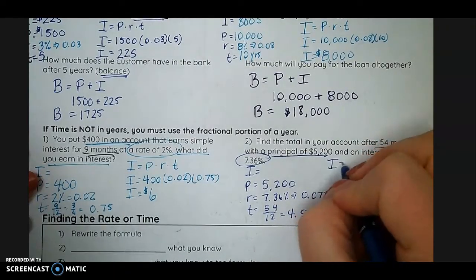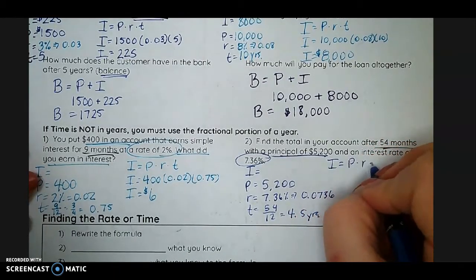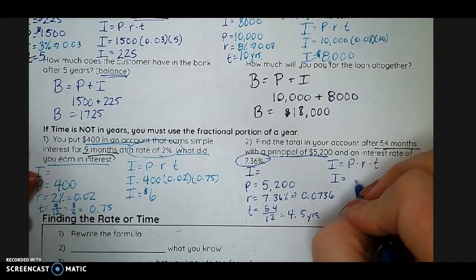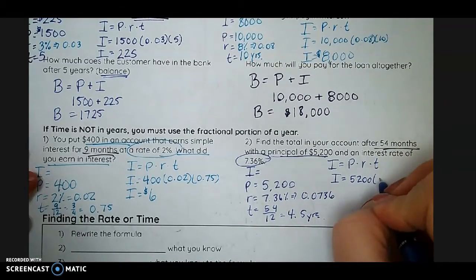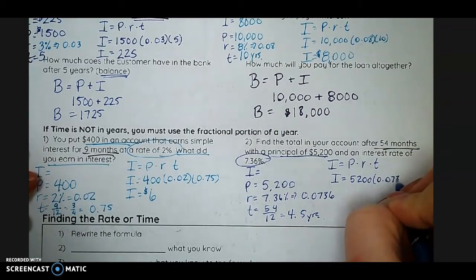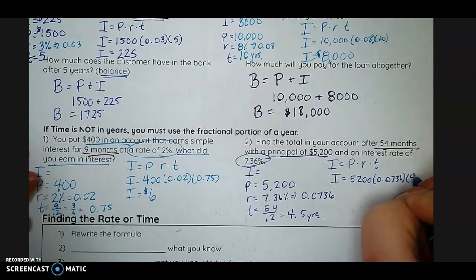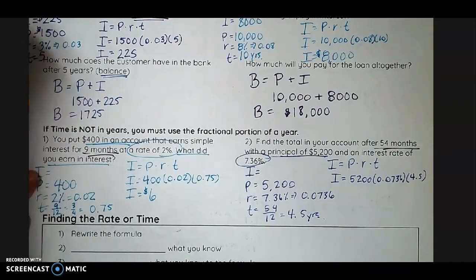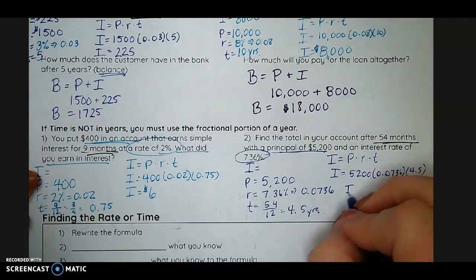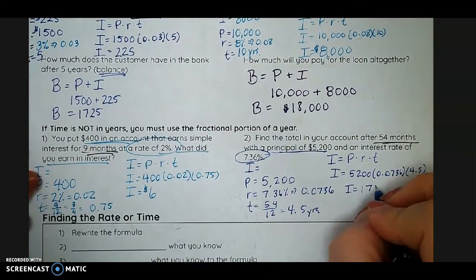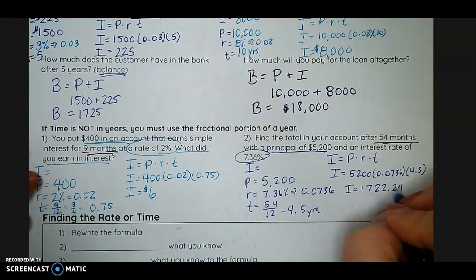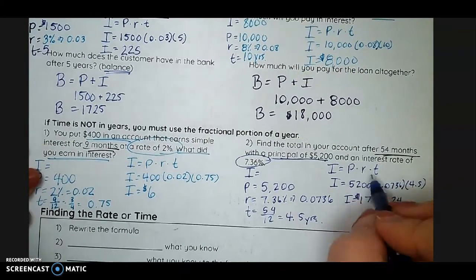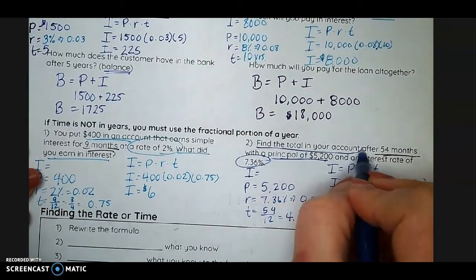So my amount of interest in dollars is going to be my principal times my rate as a decimal times my amount of time in years. And when I do this, I'm going to get $1,722.24. Now this one actually says find the total in your account.